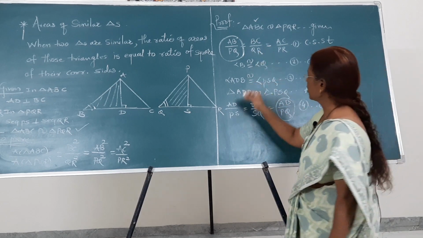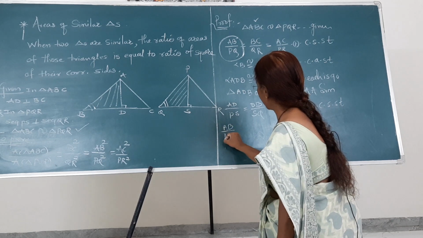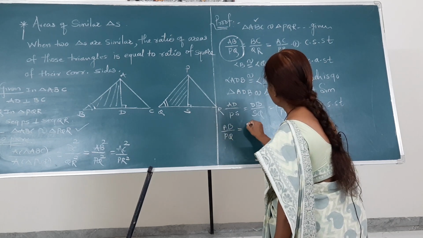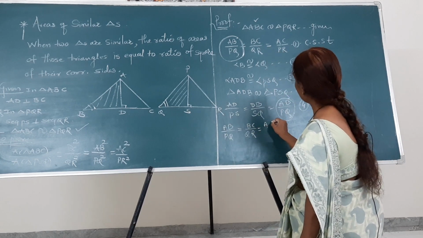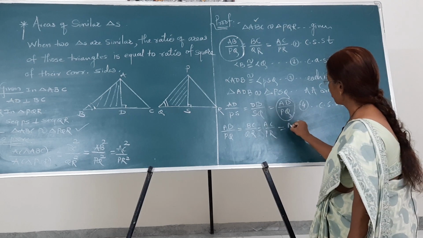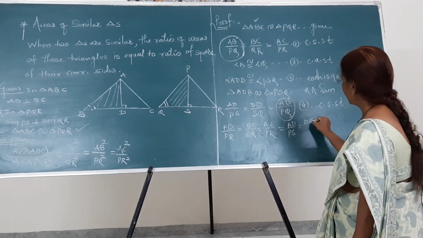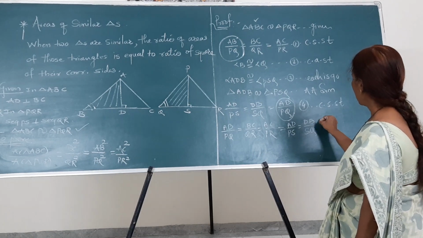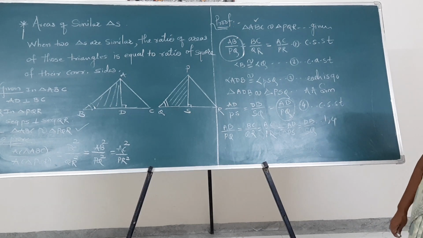Means in short you will write AB by PQ is equal to BC by QR, that is equal to AC by PR, which is equal to these 2 ratios, means AD by PS, that is equal to DB upon SQ, and the support is from equations 1 and 4.